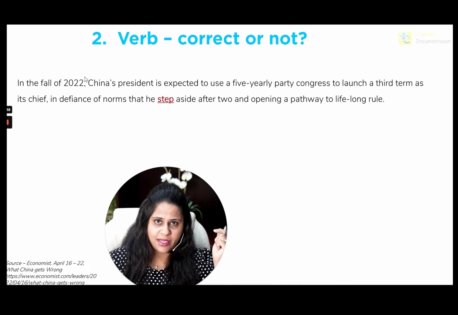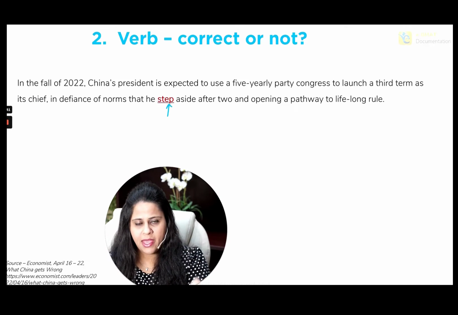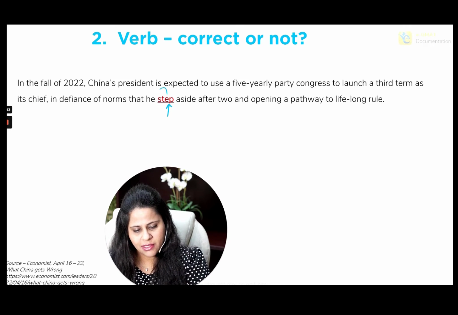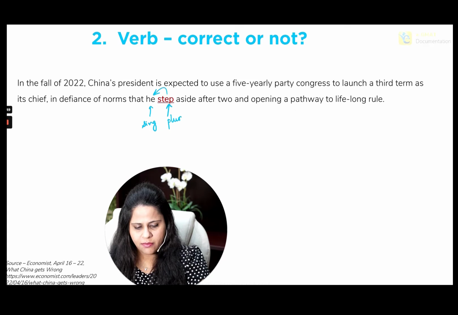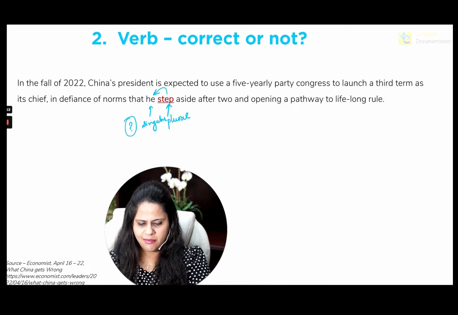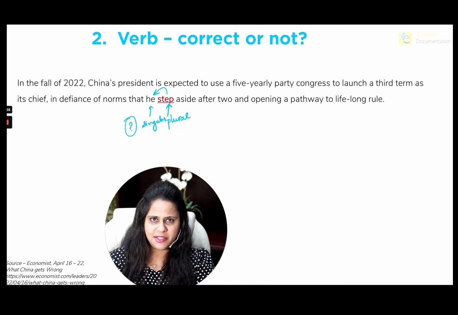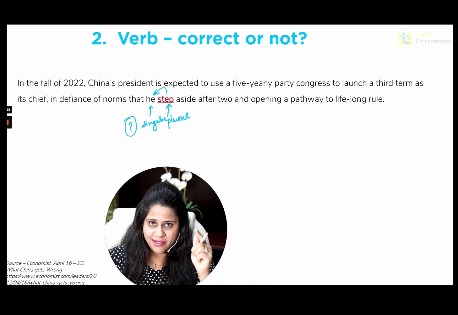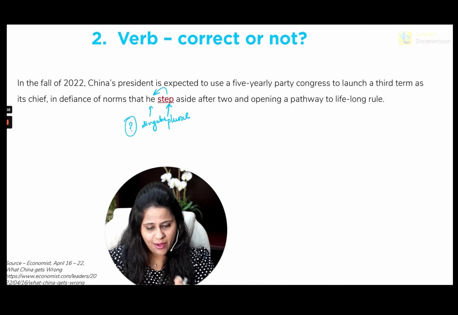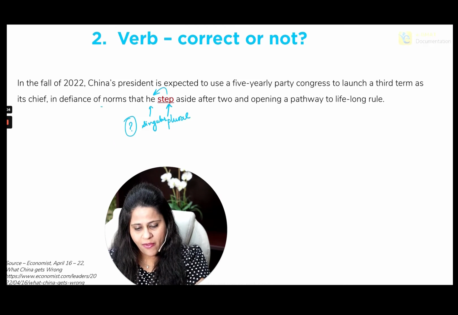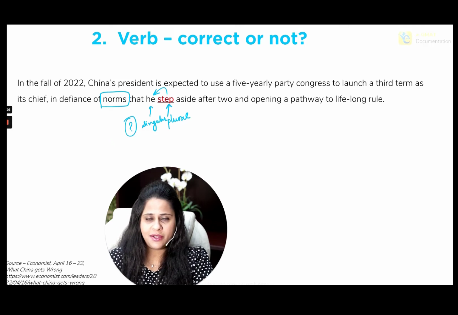All right, let's look at the next one here. Now you're going to evaluate this verb, "step." Look at what its subject is: "he." He is singular, but "step" is plural. So would you not question how the Economist has used this construction? And this is where you go back to your understanding of the meaning. What did you see here? You saw that the author is talking about certain norms.